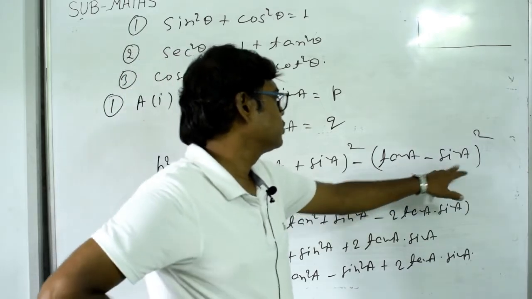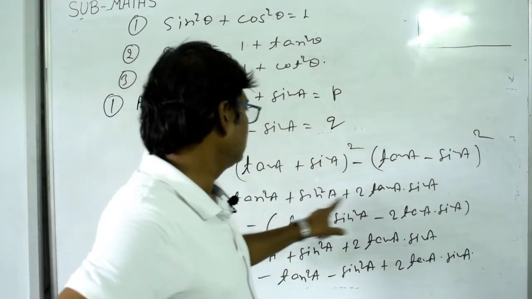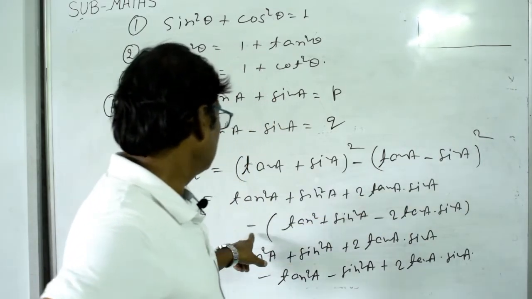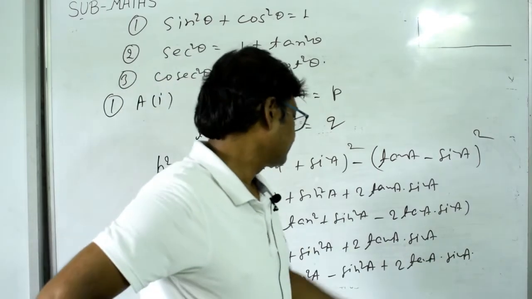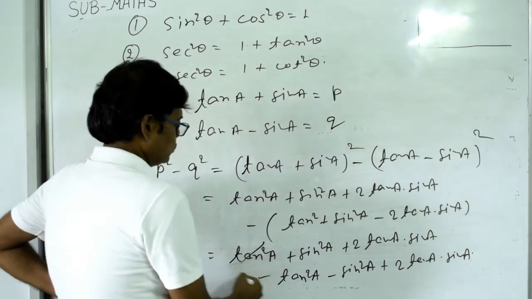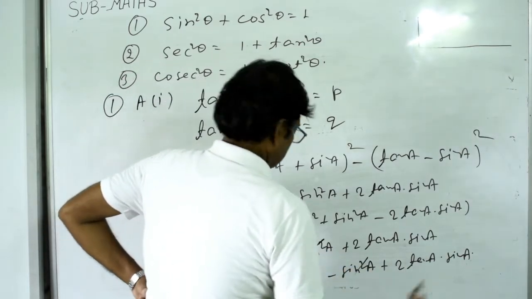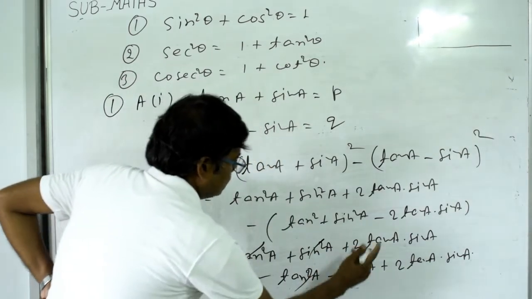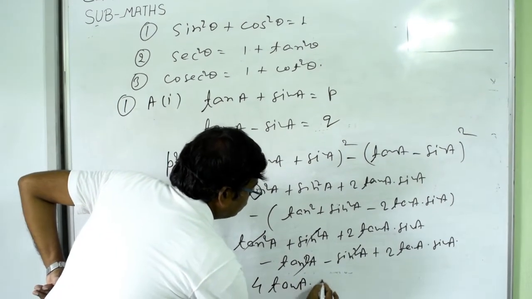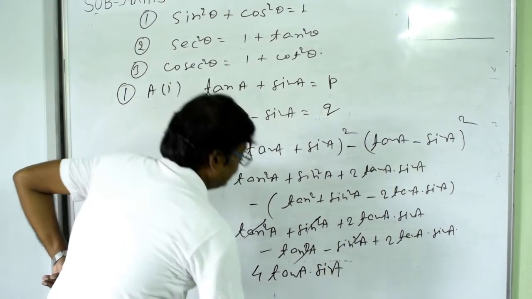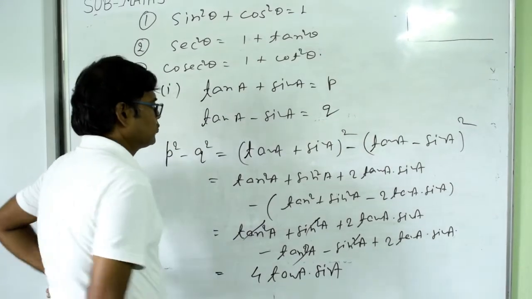Then you have this, and then this. Here it is minus, so when you open the bracket, the sign will change everywhere. So now the tan square and sin square will cancel out, and what is left is 4 tan A into sin A. Okay, so here we have got this expression.